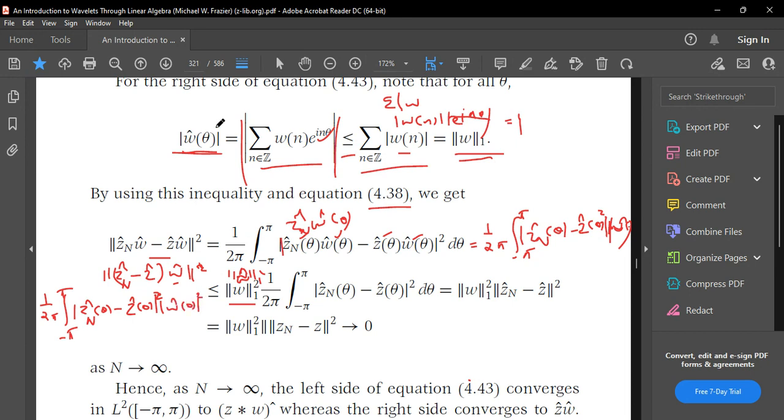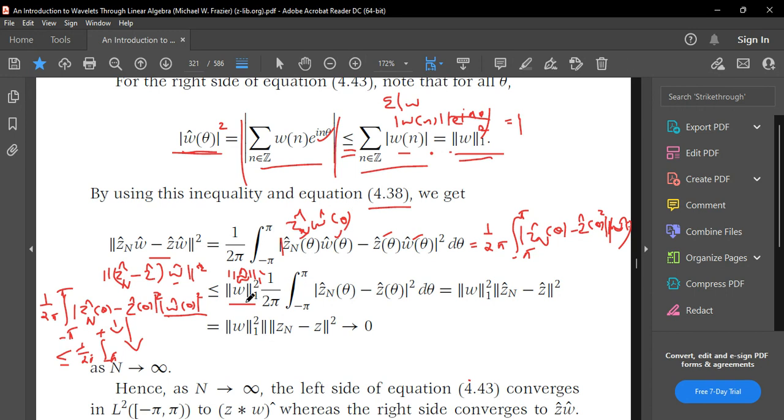In this relation we have mod W cap of theta whole square less than or equal to norm W1 whole square. So this integral will be less than or equal to norm W1 square.